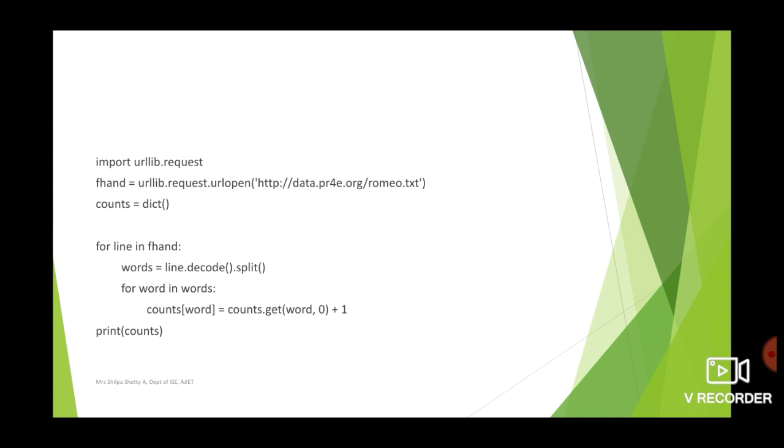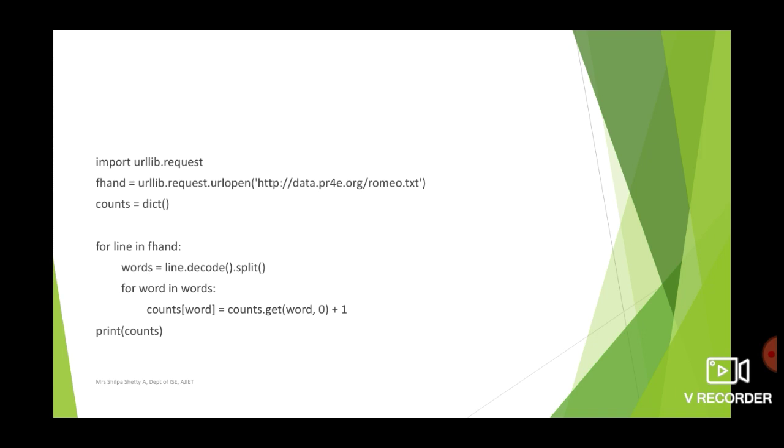Once we decode, we will split that line into a list using the white space as the delimiter, because we have one single line, but we want to extract each word and count the number of occurrences of that word.